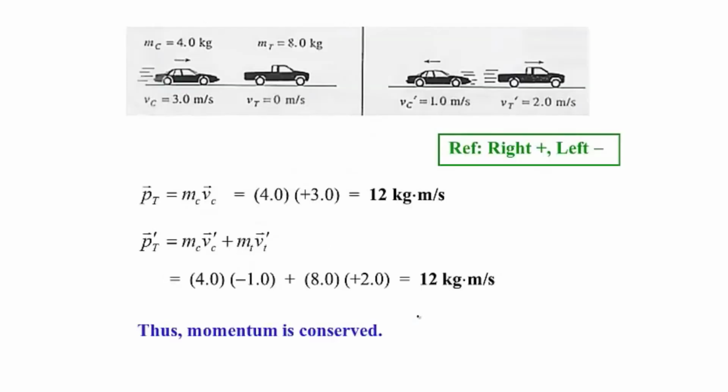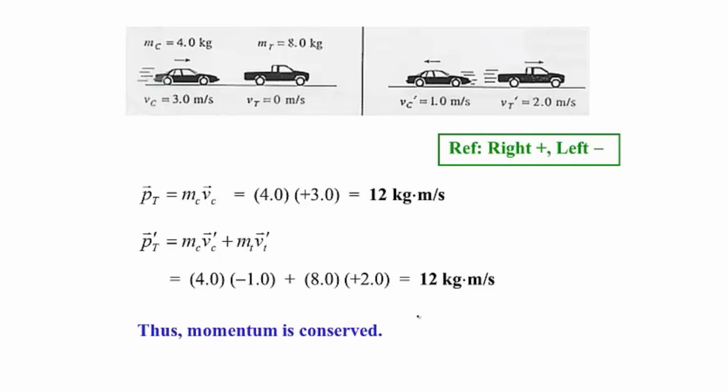Okay, so what we do is we can do a conservation of momentum calculation. The initial momentum is only contributed by the car. It's got a 4 kilogram car moving at 3 meters per second to the right, and the truck isn't moving, so that means the total momentum is 12.